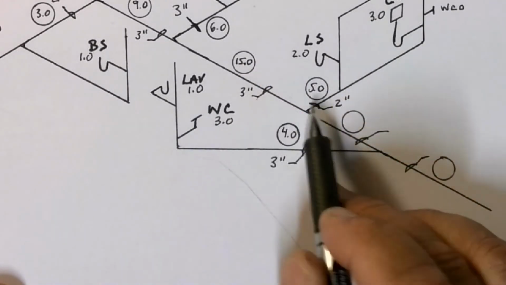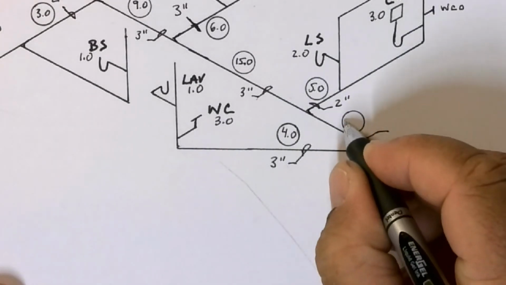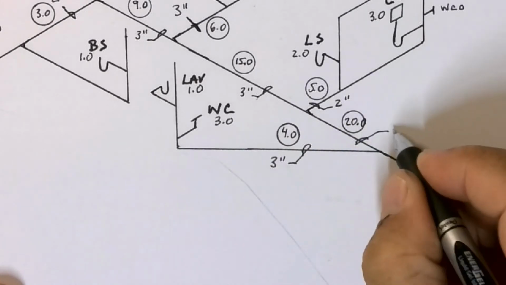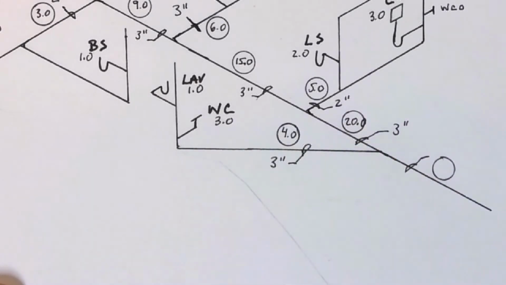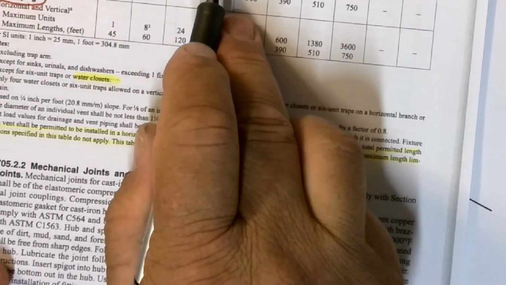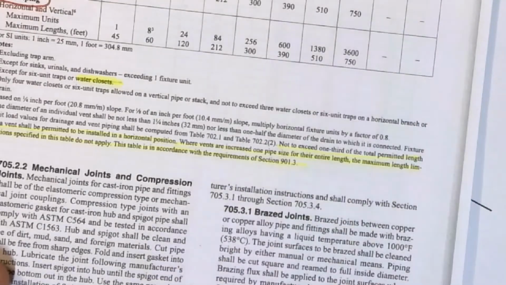So I have 15 here, 5 here. That makes this run 20. And it's still 3-inch pipe because the maximum horizontal for 3-inch pipe is 35, and I cannot exceed 3 water closets.